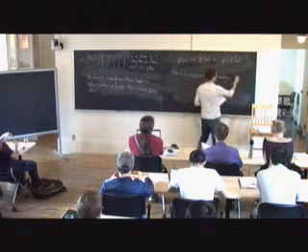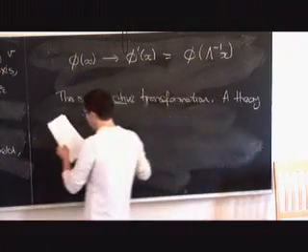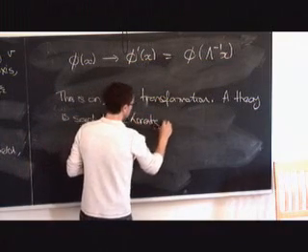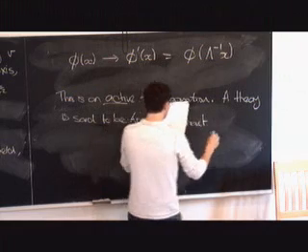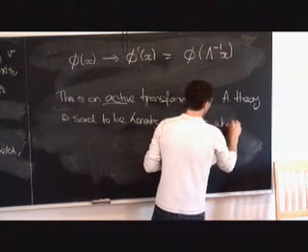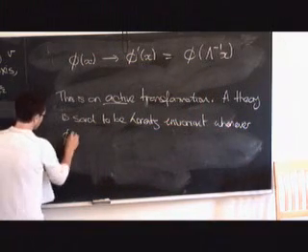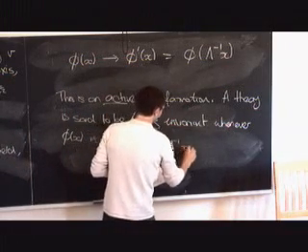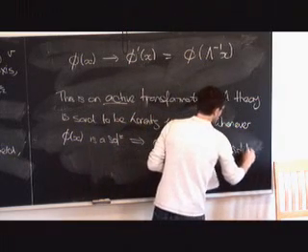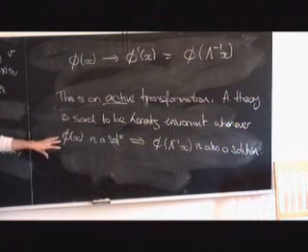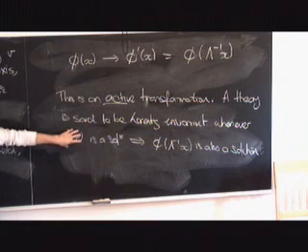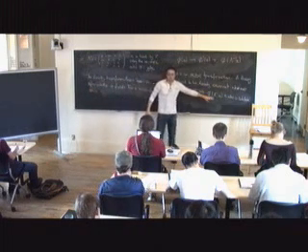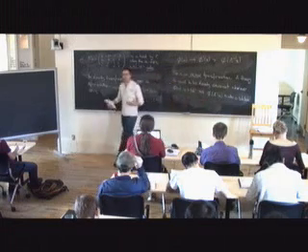So a theory is said to be Lorentz invariant whenever, if you have one solution to the equations of motion, so not just any field configuration, but in particular a solution, and you act on that with a Lorentz transformation, then it's still a solution. Okay? That's what we mean by a theory being Lorentz invariant.